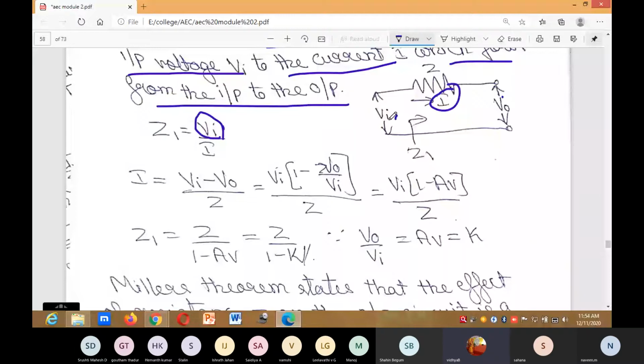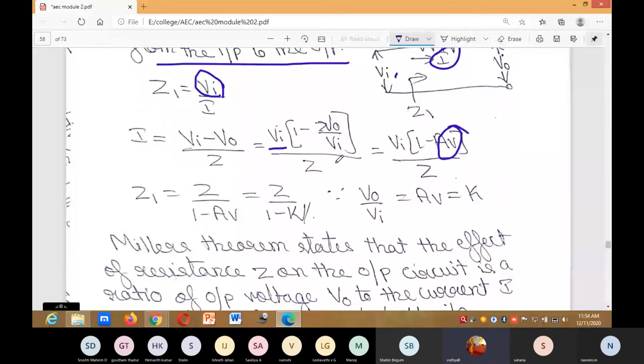If you take Vi as common, we get Vi open bracket 1 minus V0 divided by Vi close bracket divided by Z. V0 divided by Vi is the voltage gain AV. So I is Vi times (1 minus AV) divided by Z.